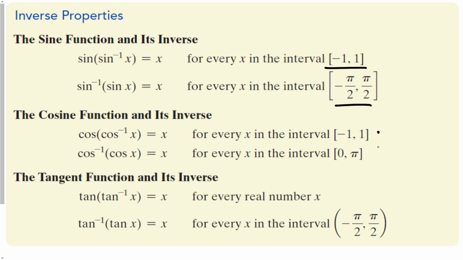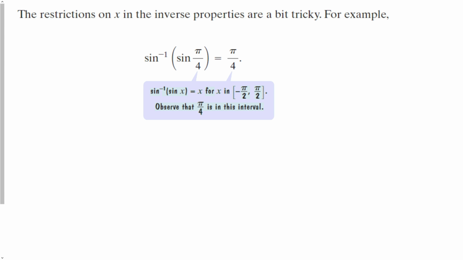And same thing for these two. You get the hang of these when we see the question. But as long as the thing that we're plugging in is defined, they can just undo each other and get x like this. So the sine of π/4 is radical 2/2.